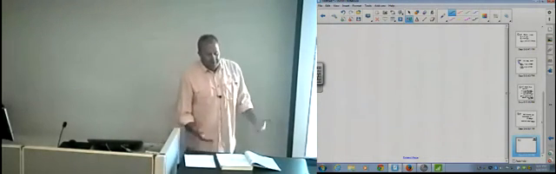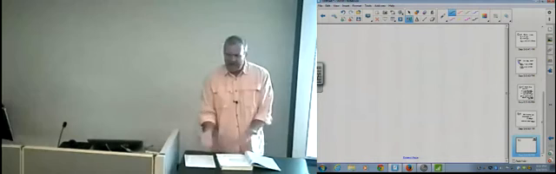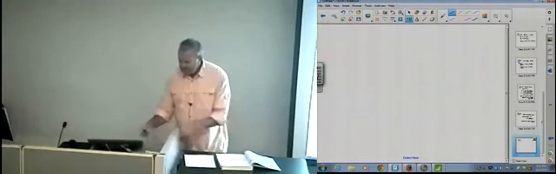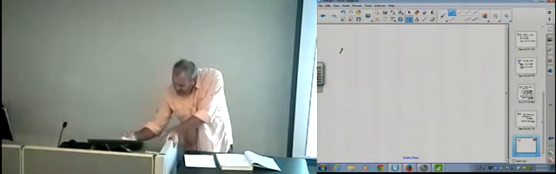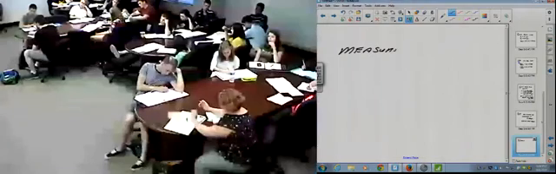Okay? So, to me, the last calculation in this chapter is this idea of measuring spread.